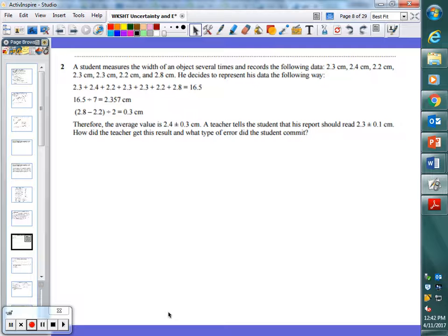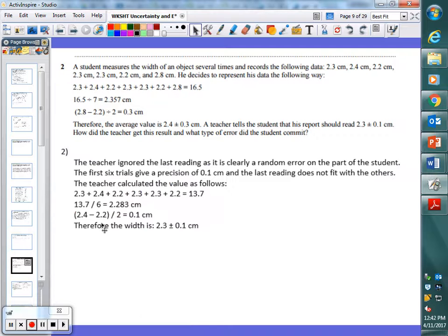We took an average of the remaining 6 to find the average value, and then just looked at the range over which our other measurements occurred to figure out the absolute uncertainty in this measurement that we took.